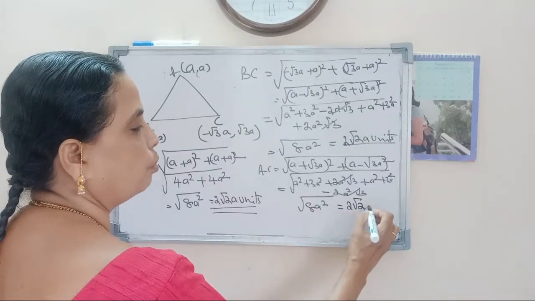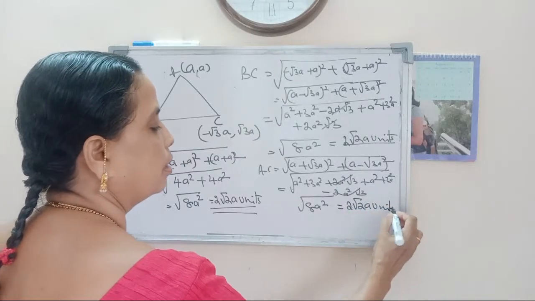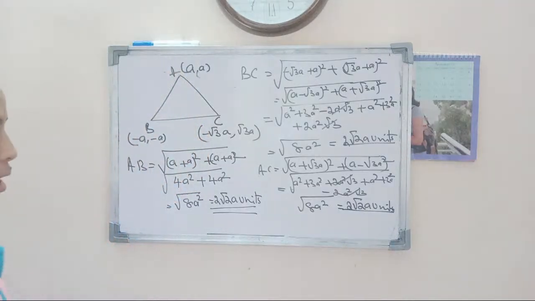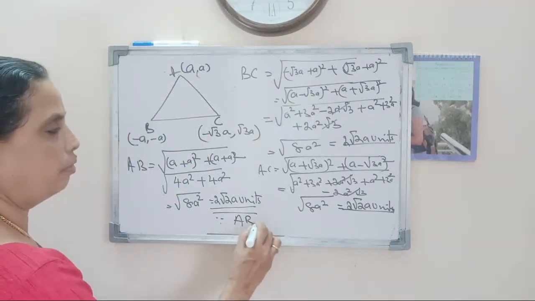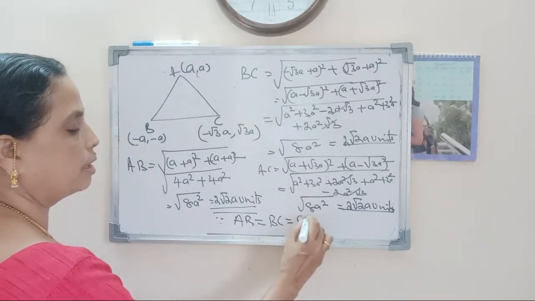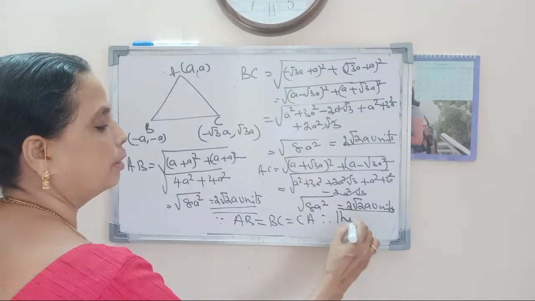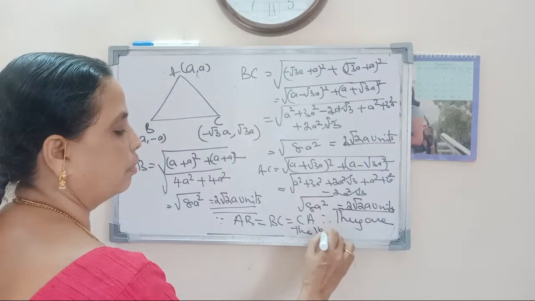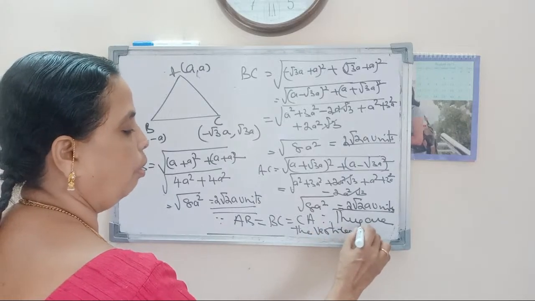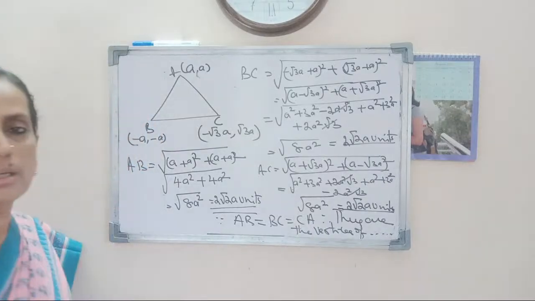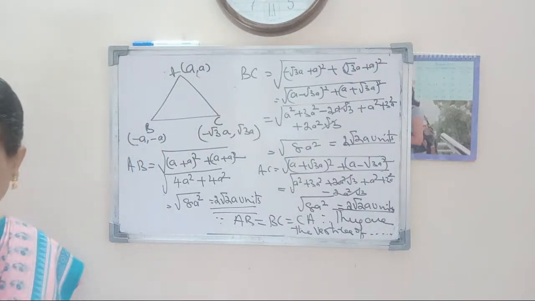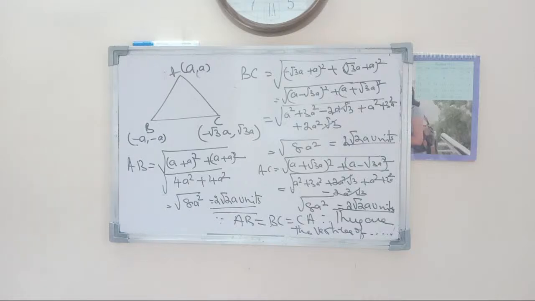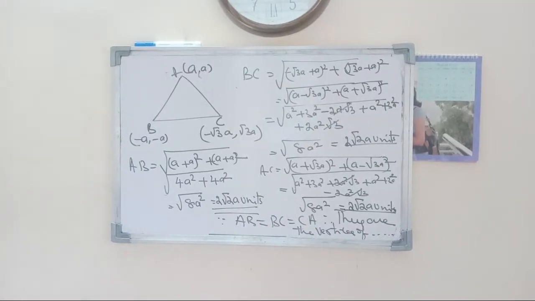Further it is 2 root 2A units. Then how will you conclude? Since AB equals BC equals CA, therefore they are the vertices of an equilateral triangle. Do the expansion properly and then conclude your answer.